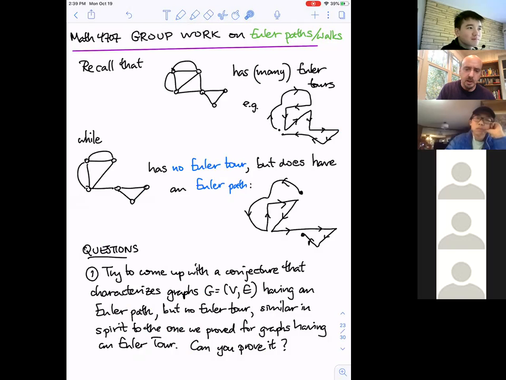There's a question in the chat. No, connected is not the same as no isolated vertices. Connected is much stronger, because connected is saying that not only do you have no isolated vertices, but let me give you an example.